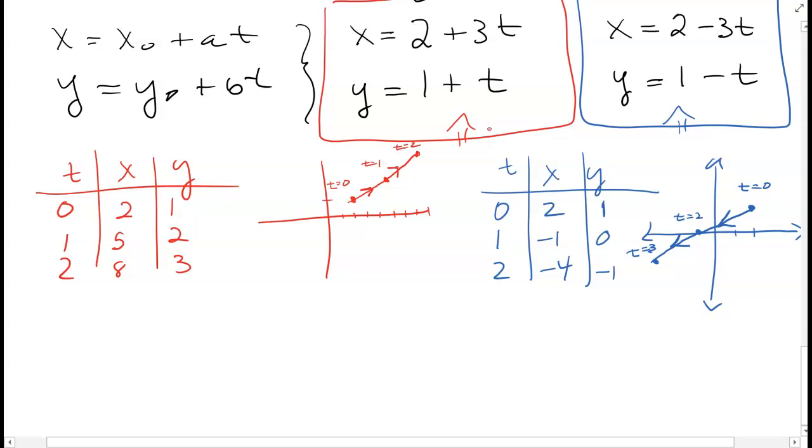If you were to solve for t for the x and go ahead and plug it in for y, you're going to get the same equation on both sets. But their parametrics are different because they're giving you different information.